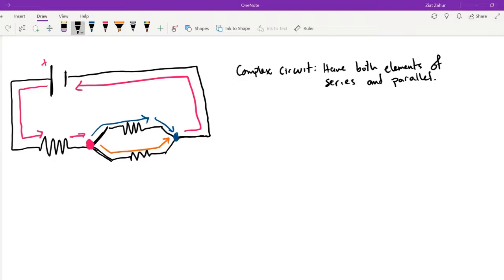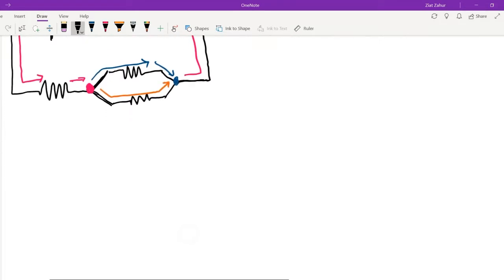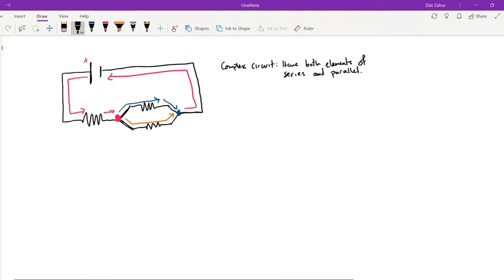Similar to how we simplify fractions, we can reduce a circuit down to its simple state, or the combined state. It's like finding REQ. So let's give some values.